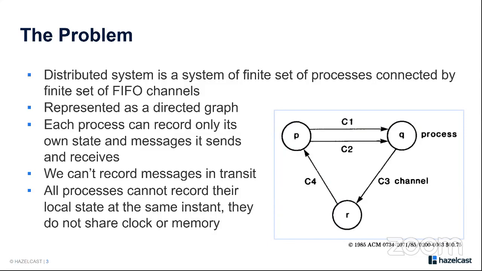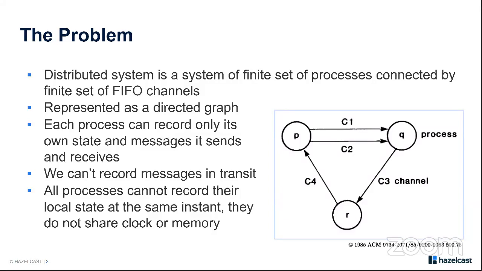Yeah, that would be actually welcome if you don't understand or if I'm too quick. So what is the problem that the algorithm tries to solve? A distributed system is a system of a finite set of processes connected by a finite set of channels. These processes work independently and can only communicate over these channels.